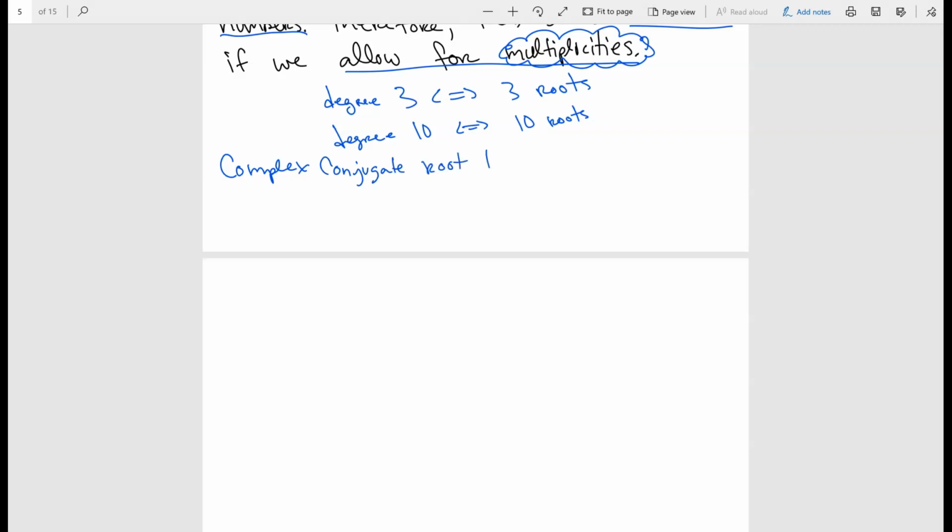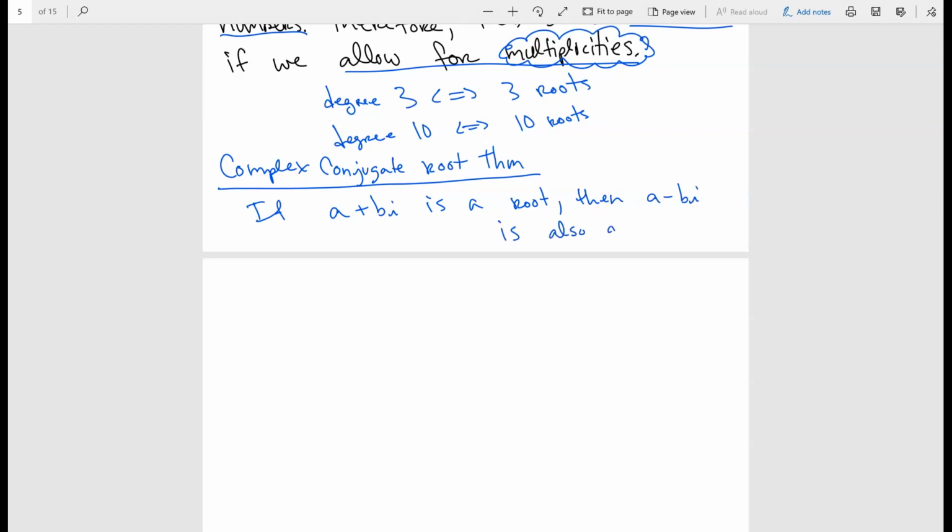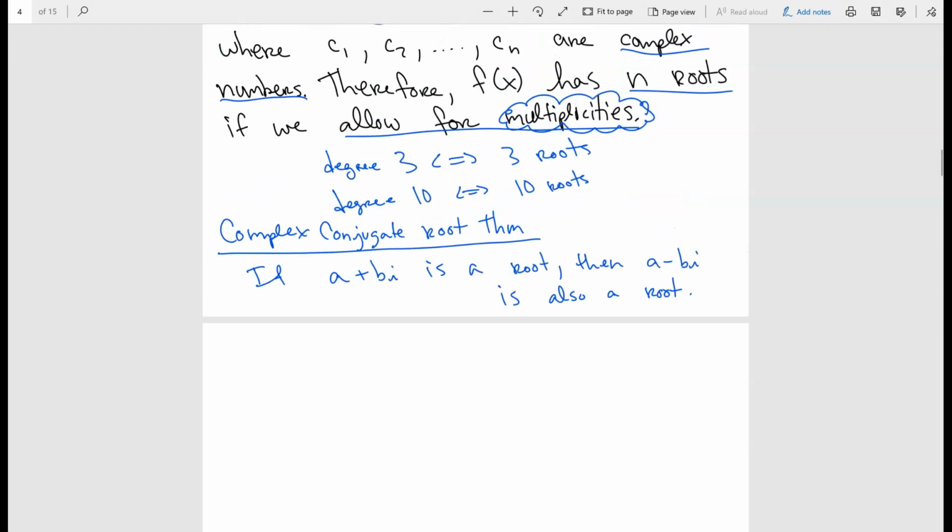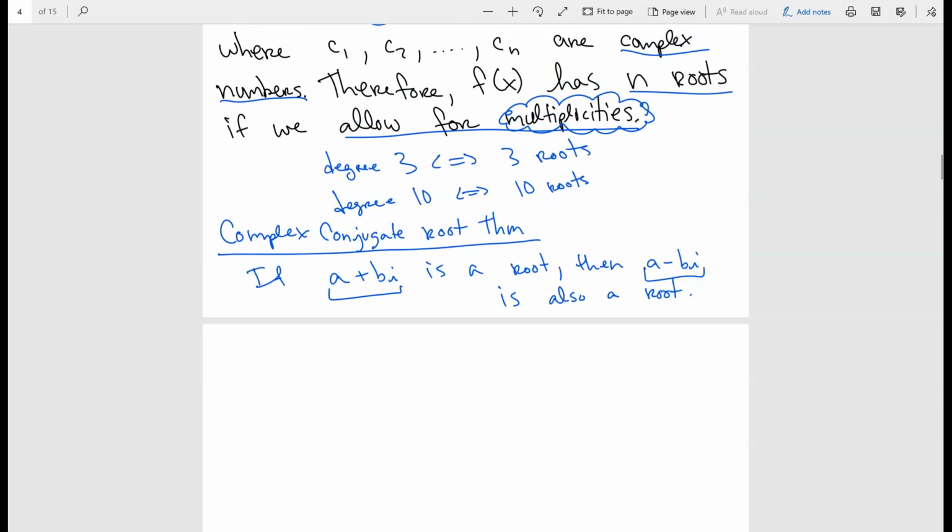Basically what that says is that if a plus bi is a complex root, then a minus bi is also a root. Okay, that's basically what that says. So when you're doing roots and you have a complex number, they always come in pairs. The complex conjugate of this one is also going to be a root.